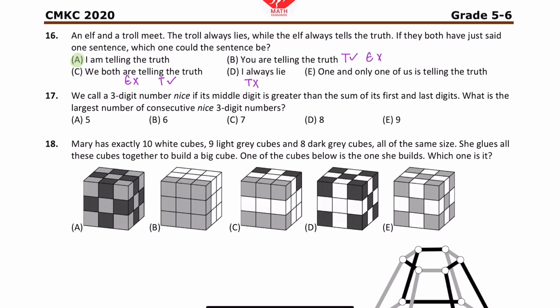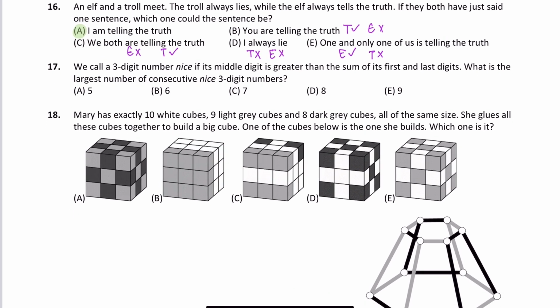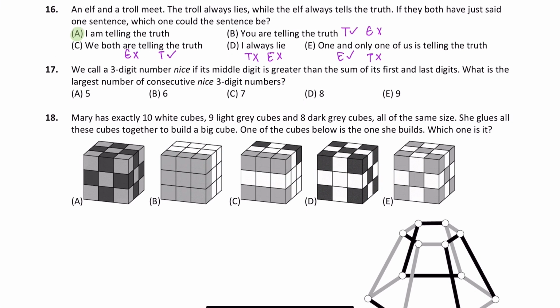The troll won't say that because it always lies, right? And an elf won't say that either, because the elf always says the truth. "One and only one of us is telling the truth." The elf can say that, but the troll won't say that. Okay, because that's true. The elf is always telling the truth, right?